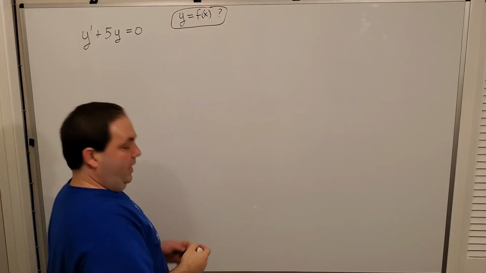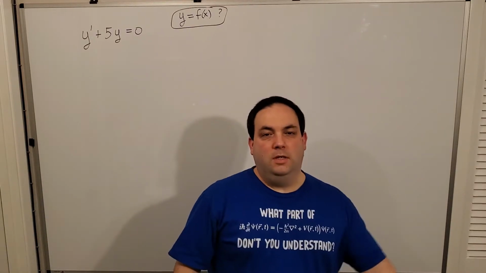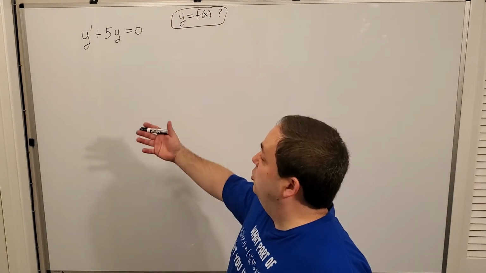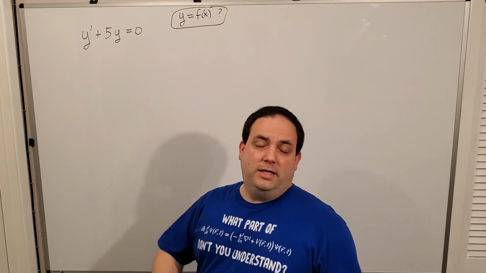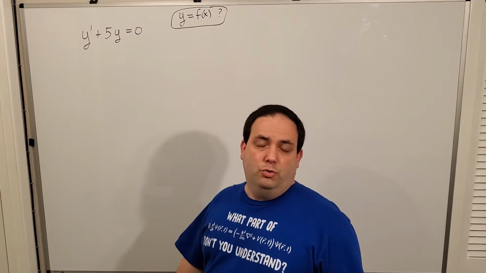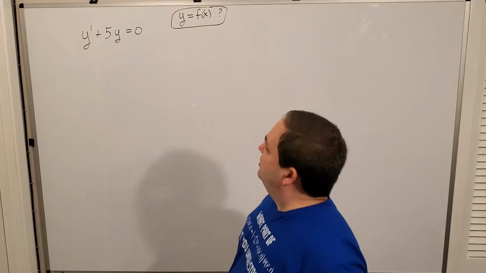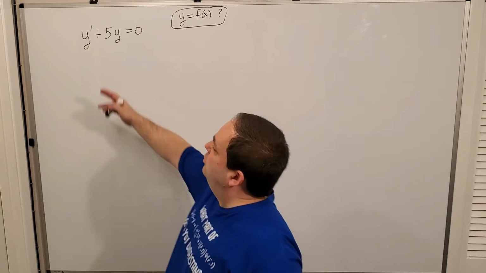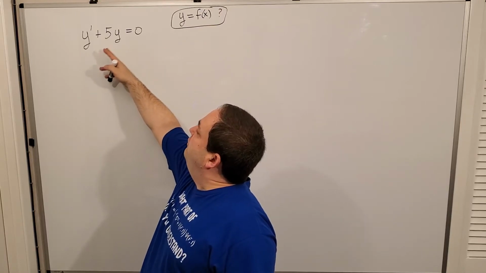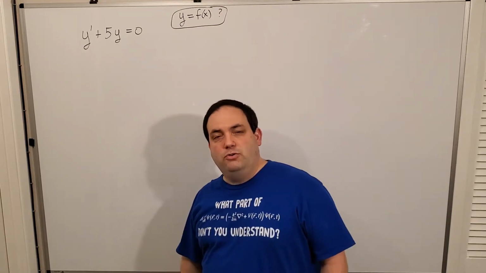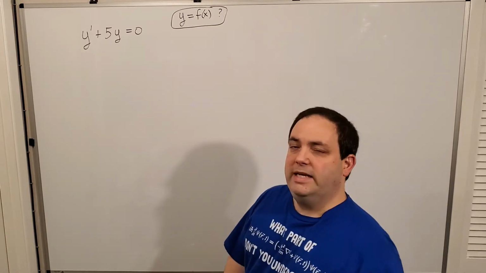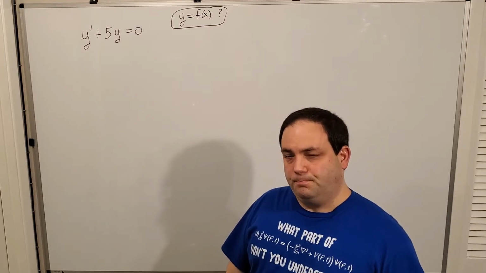In a differential equation, we're just finding a function that when substituted into y, I actually can make that a true equation, a true statement. Okay? So I'm looking for some function that when I take the derivative and add it back to 5 times the original function, that we get it equal to 0.